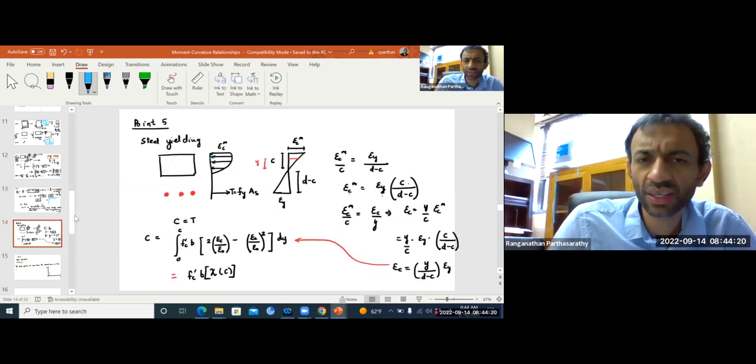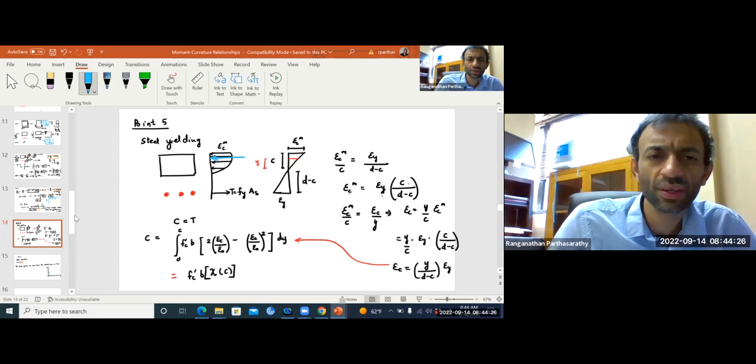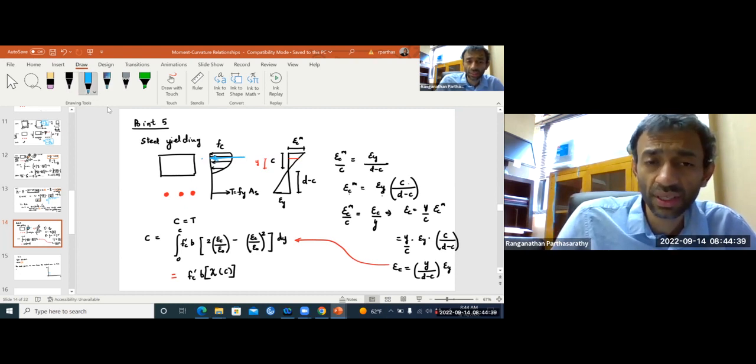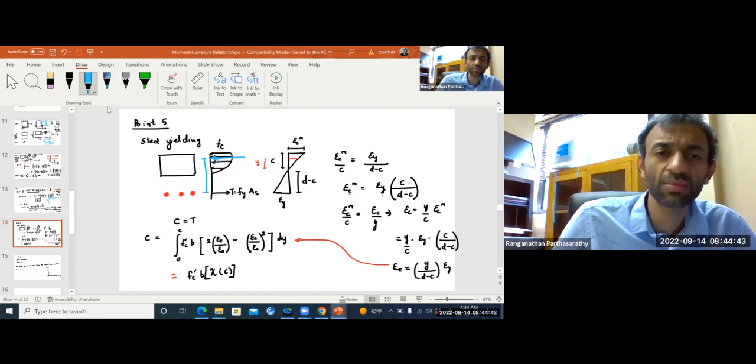You need to find the centroid of this C. Here I write epsilon CM on the strain diagram, and here I write FC, the stress. So here is my lever arm.